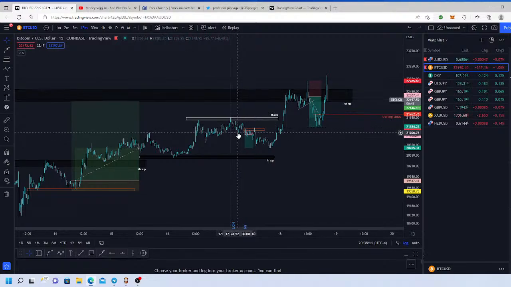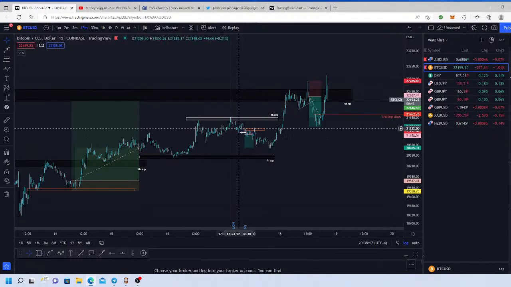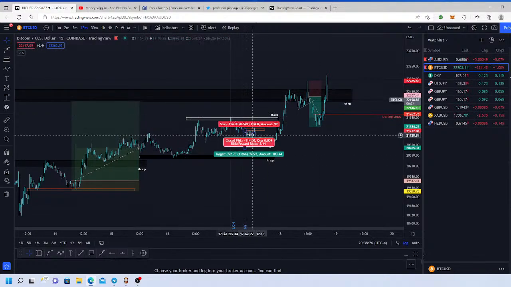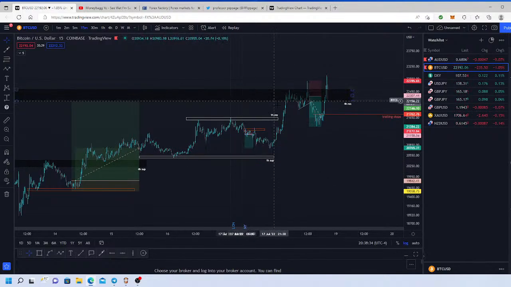So lower low. We came and failed to break this high. So my mind automatically goes, I'm looking for the shorts at that point. So yeah, I just forgot about the fake out.